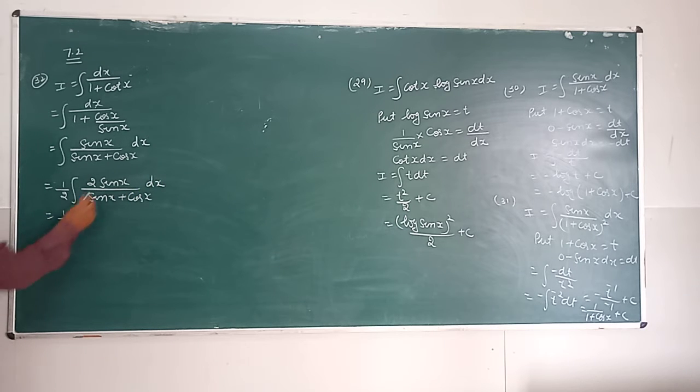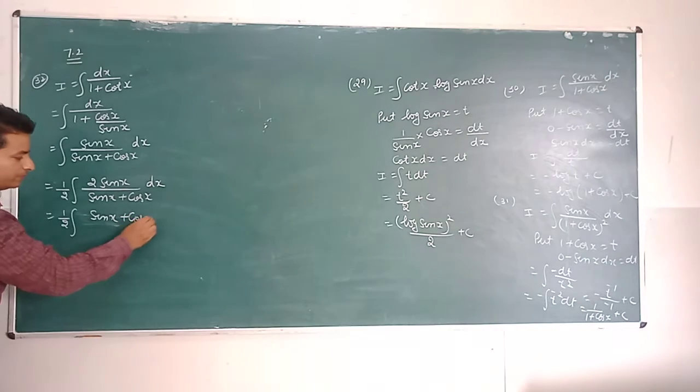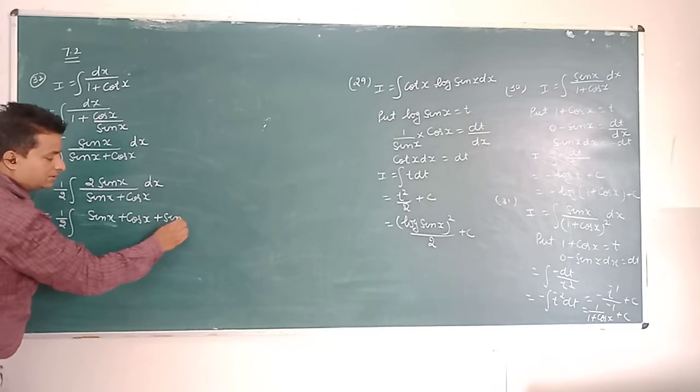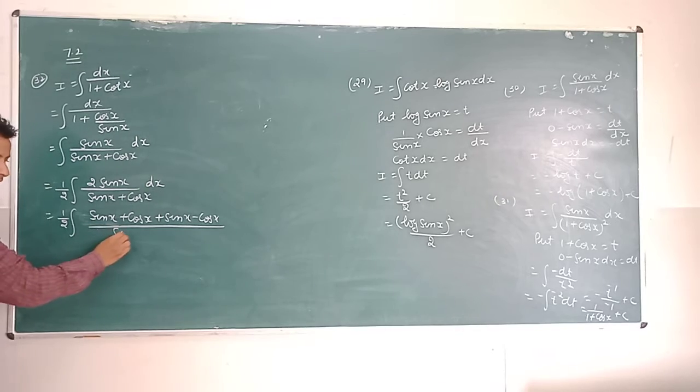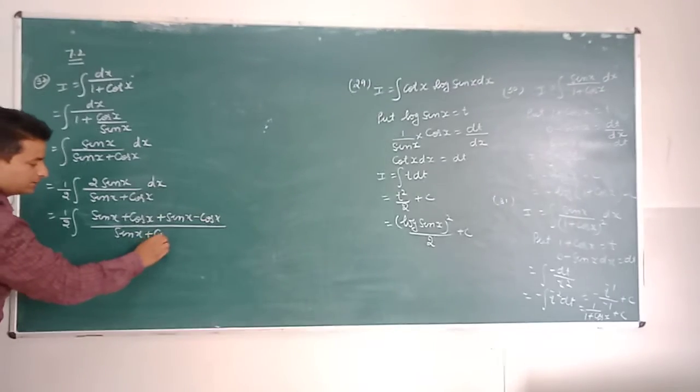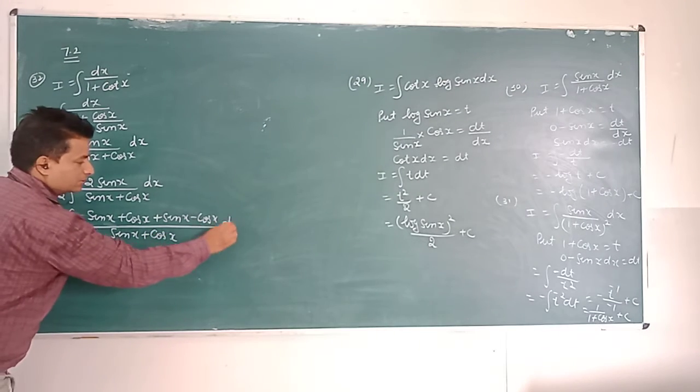After this, write the numerator as half of the sum: sin x plus cos x plus sin x minus cos x, divided by sin x plus cos x.